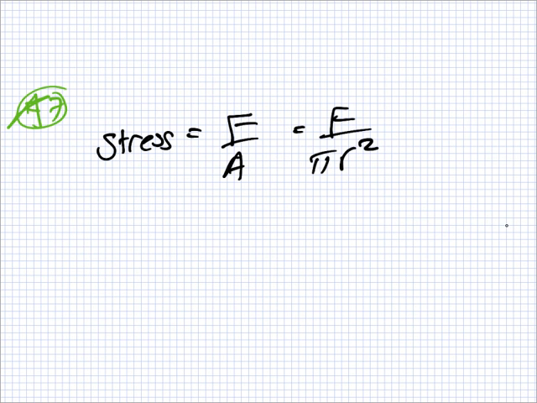It says the stress in the wire. So, what's my F? What did I say it was previously? 30.4. And my radius is 0.4 of a millimeter.